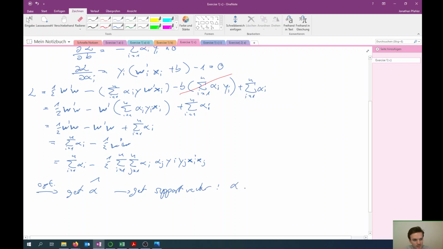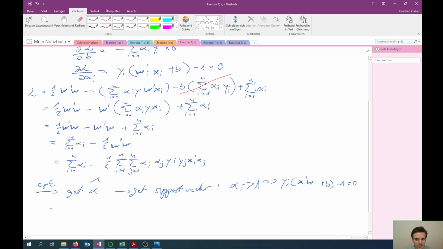They are defined as follows: if alpha for an individual observation is greater than 1, then this condition is true, and therefore this observation is a support vector.